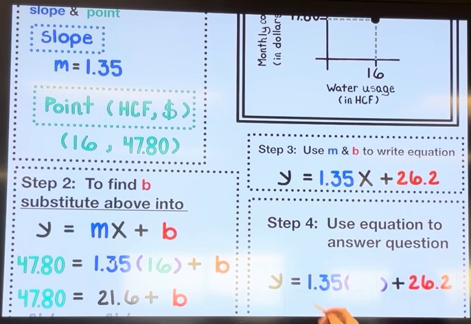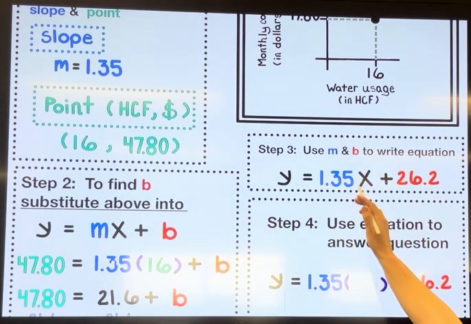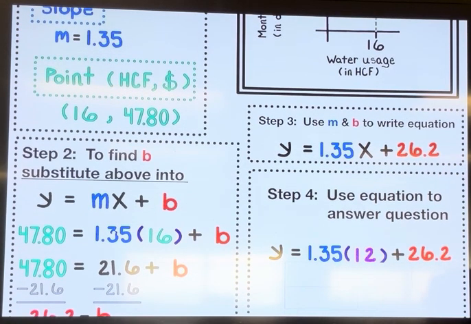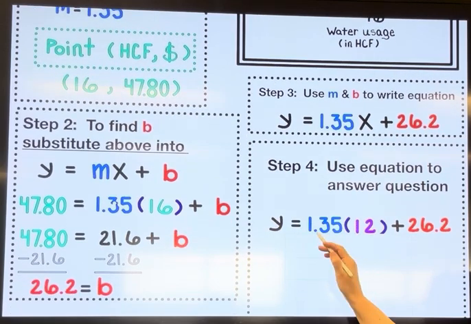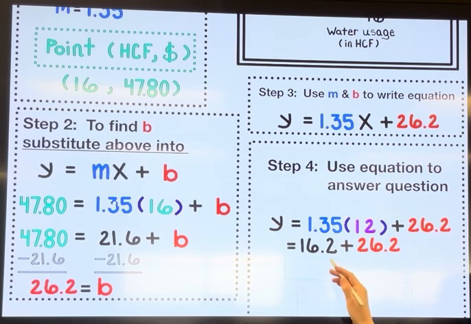So here's my equation, and I'm going to replace the x with the number 12, and then simplifying there, 1.35 multiplied by 12, I get 16.2, multiplication before addition, then add these two numbers together, and I get 42.4.